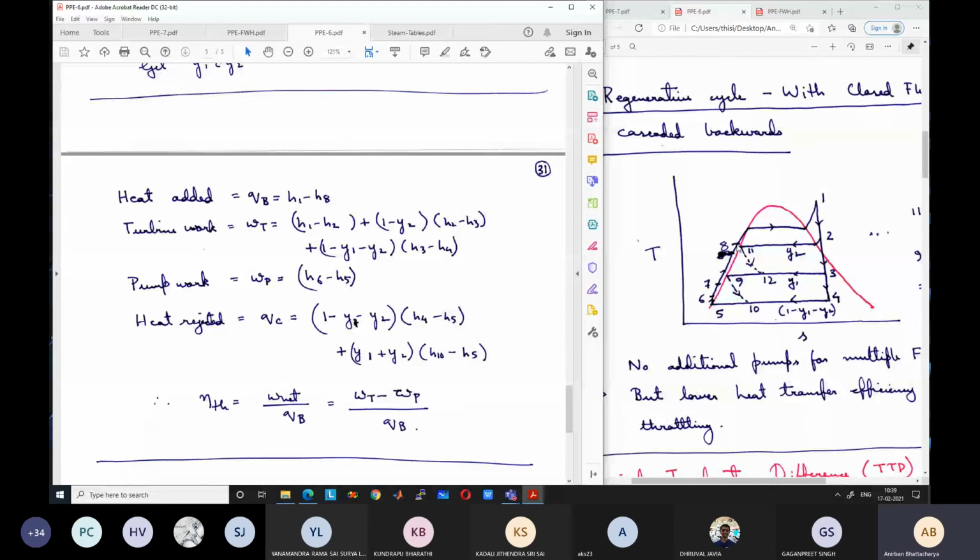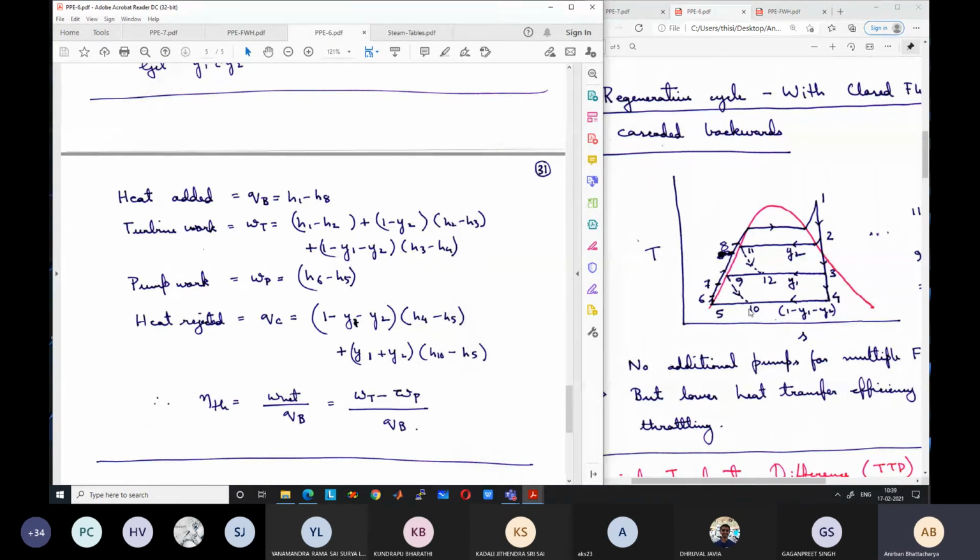Pump work input is H6 minus H5 into 1. Heat rejected is equal to 1 minus Y1 minus Y2 into H4 minus H5 plus Y1 plus Y2 into H10 minus H5, considering both these energies.